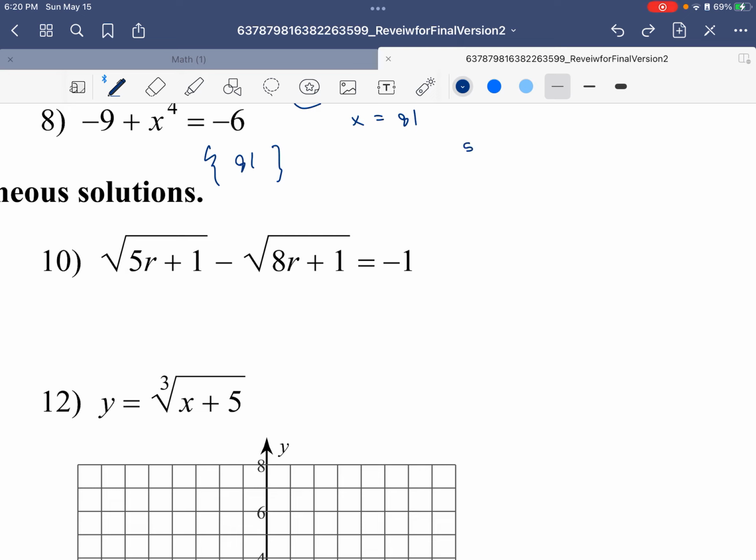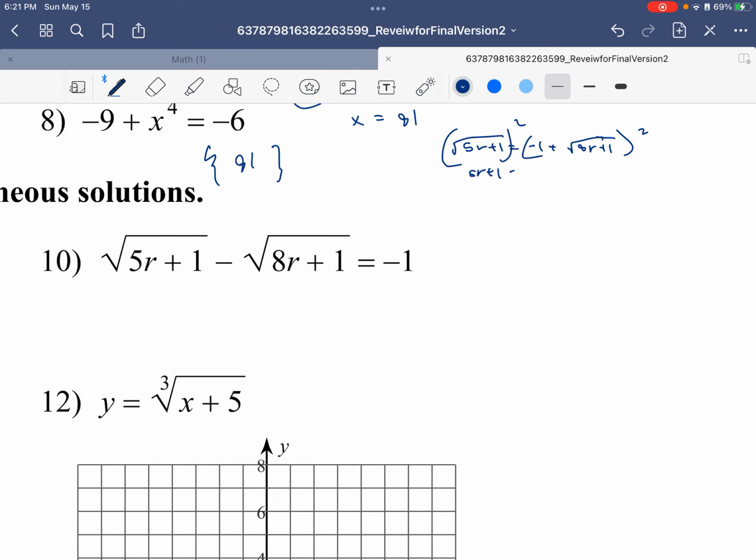So we have 5r plus 1 equals, oh, actually never mind. Okay, JK, I'm going to move this to here and leave 1 there. Where was I? Okay, now raise both sides to the power of 2.